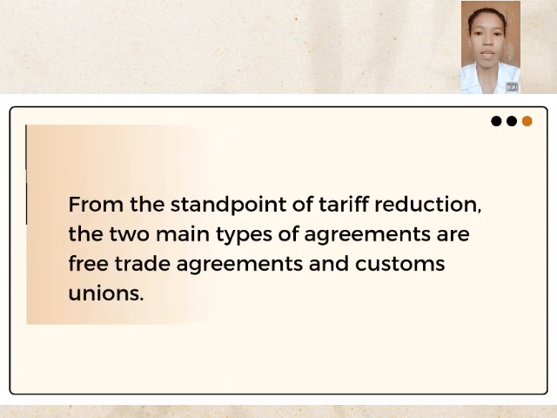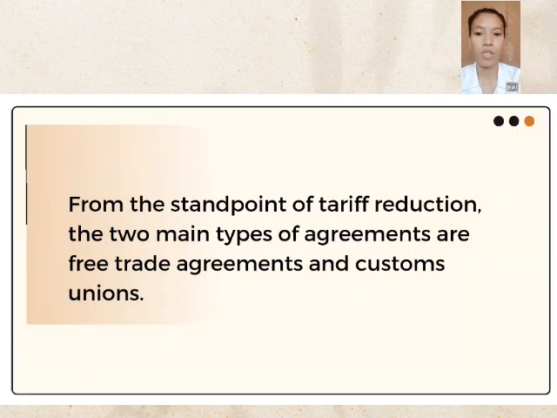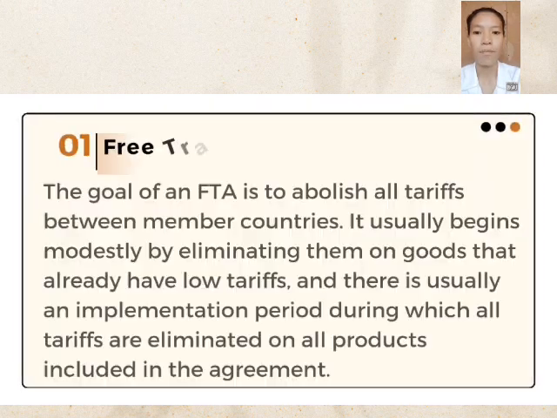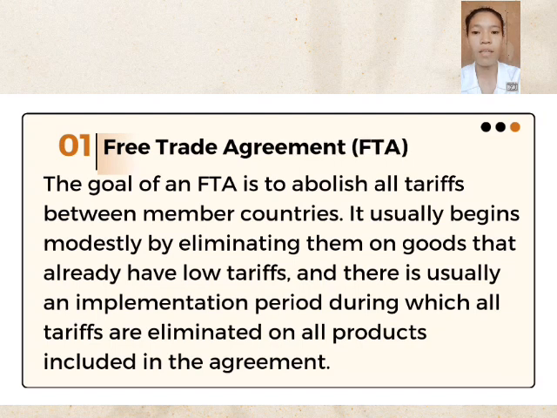From the standpoint of tariff reduction, the two main types of agreements are free trade agreements and customs unions. So for the free trade agreement or FTA, the goal of an FTA is to abolish all tariffs between member countries.